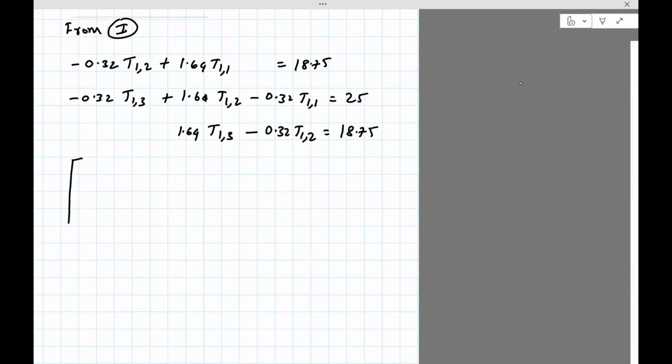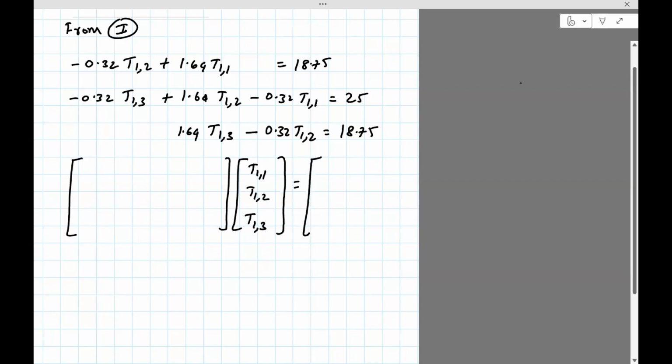So let's just write it down like this: t1,1, 1,2, 1,3 equals 18.75, 25, 18.75. And then let's write this down.